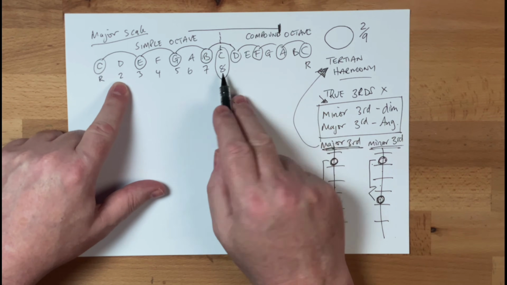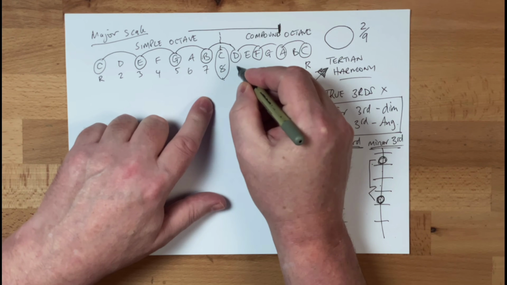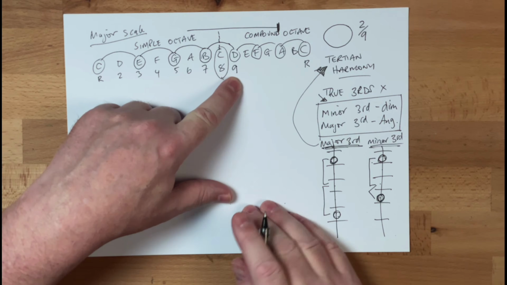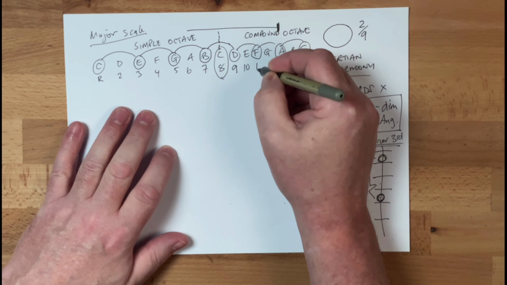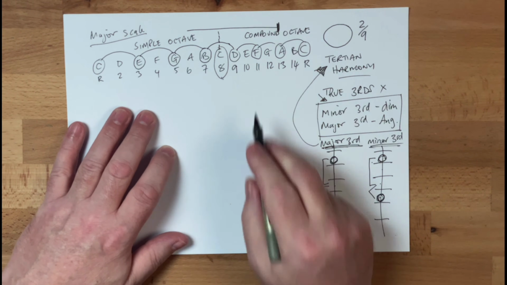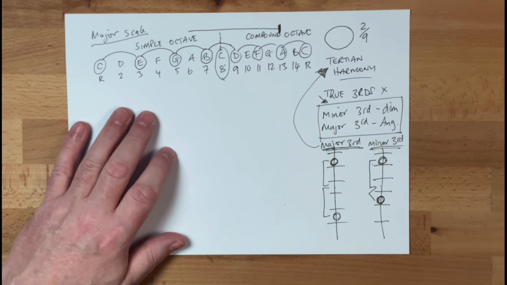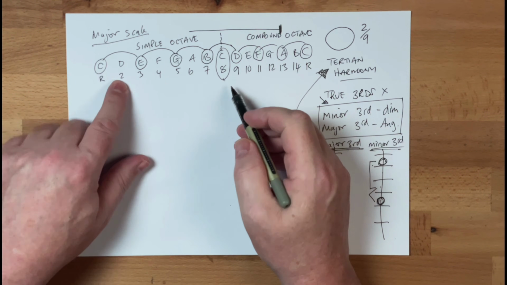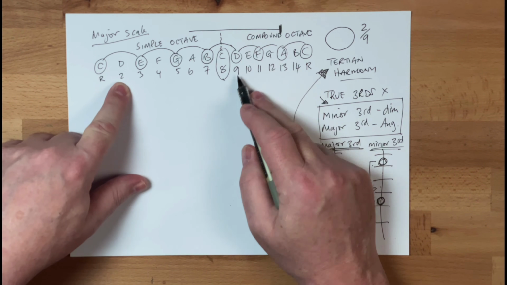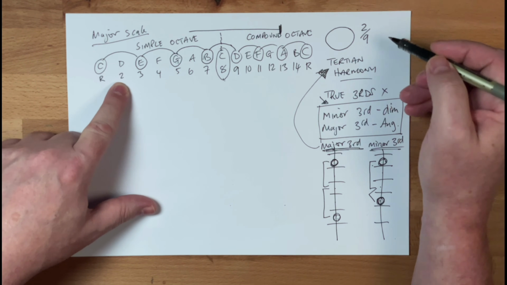And this would make sense because if you think that this C is the octave, what number comes after 8? There, 9. And what I could do is fill these all in: 9, 11, 13. I want to get rid of some of these, but we'll keep them in there because I think it's important to see them, especially this next one. You can see here that this second is a D. So it can be a second and it can also be a ninth. That's what I'm just putting there. So 2 is the same as 9.